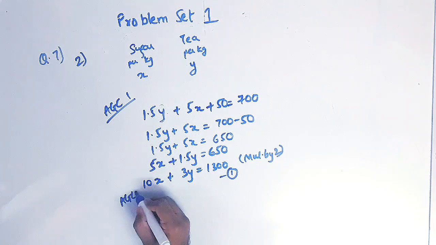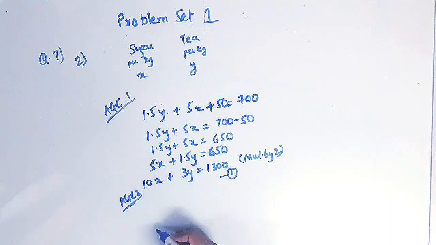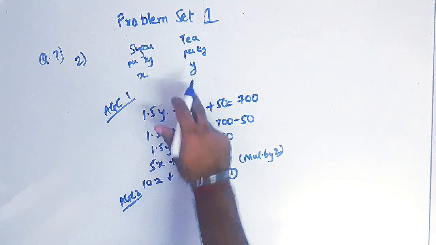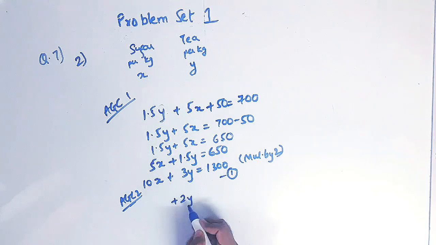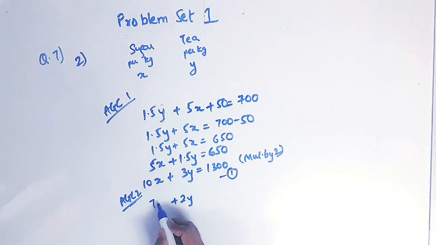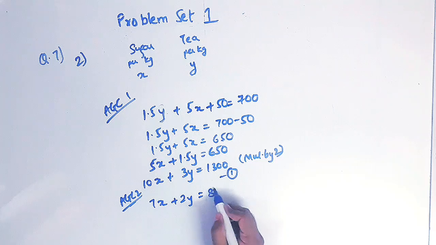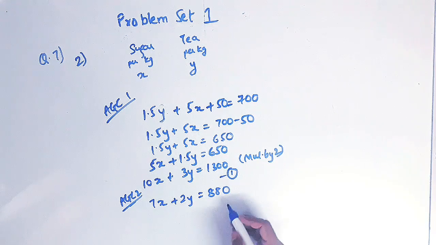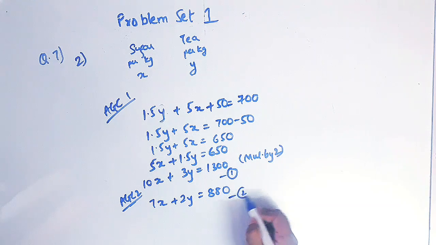So I'll write equation 2, which is very easy. 2 kg of tea means 2y, and 7 kg sugar, so 7x. So 7x plus 2y, how much did she pay? She paid 880. So we got the second equation very easily.